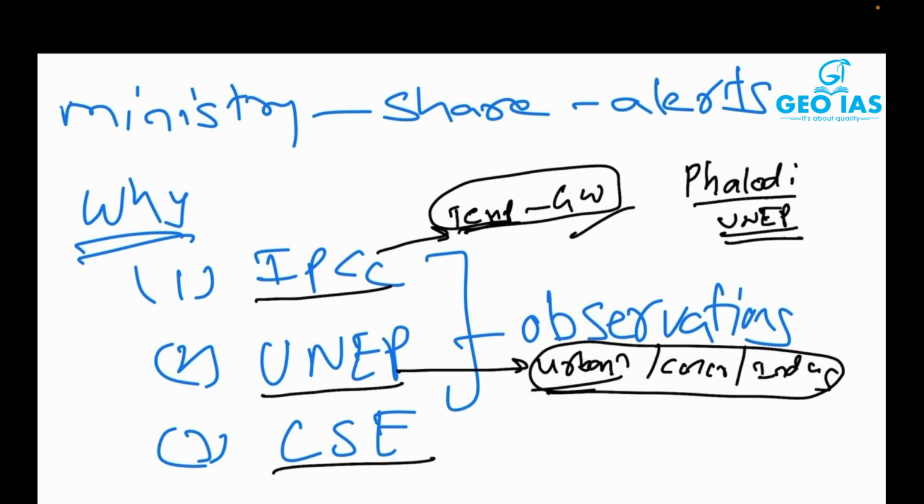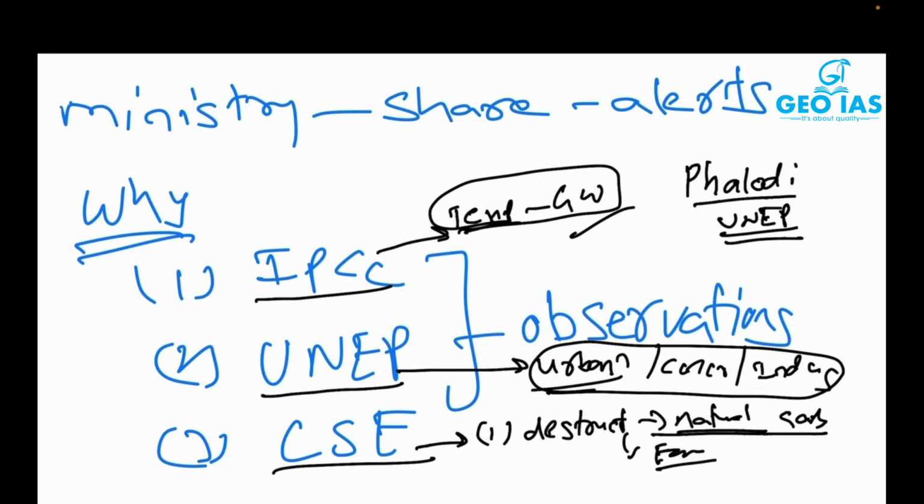Next, the Centre for Science and Environment, an Indian think tank, stated in its observation that the destruction of natural carbon sinks, or destruction of forests, is also one of the reasons for the rise in heat waves. So what we can conclude is that anthropogenic factors are playing an important role in repeated heat waves.